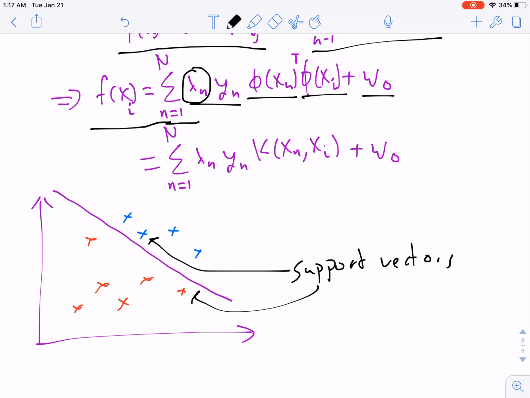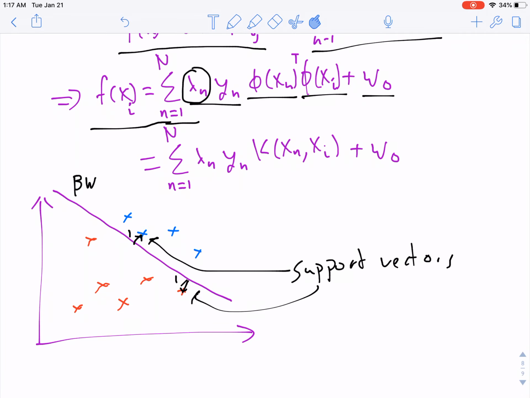And remember that in our choice of W naught, we split the difference between the two closest points. Remember we chose to multiply beta times W in order to make these distances both equal to 1. So for the closest vectors, the unnormalized distance to the decision boundary is 1.